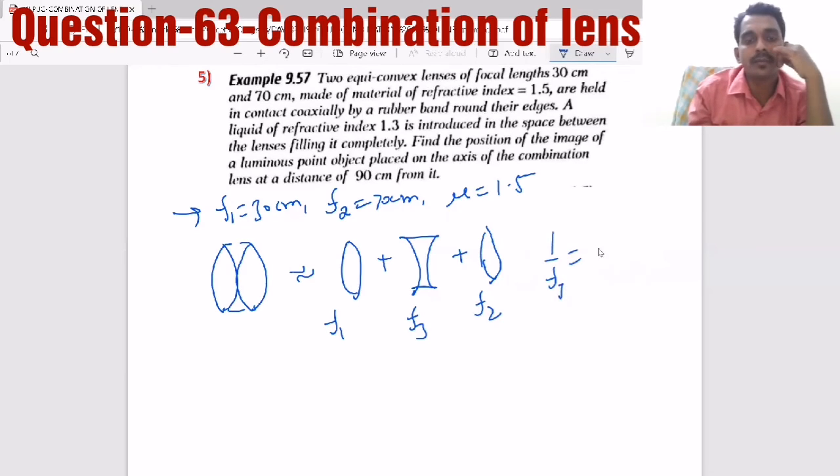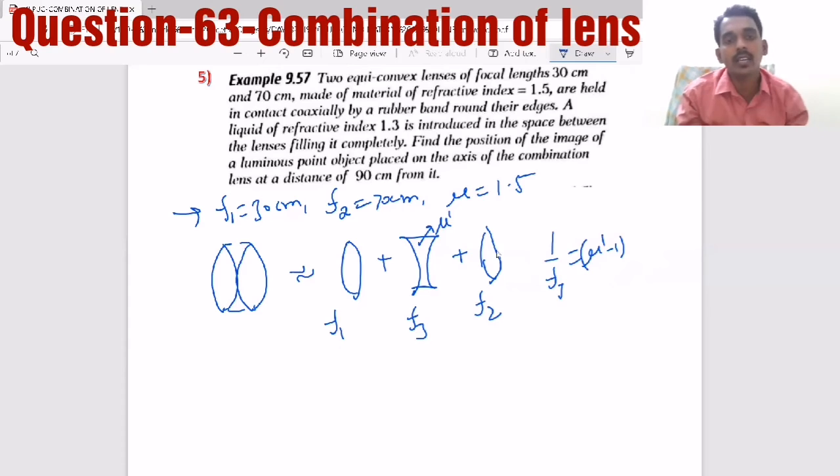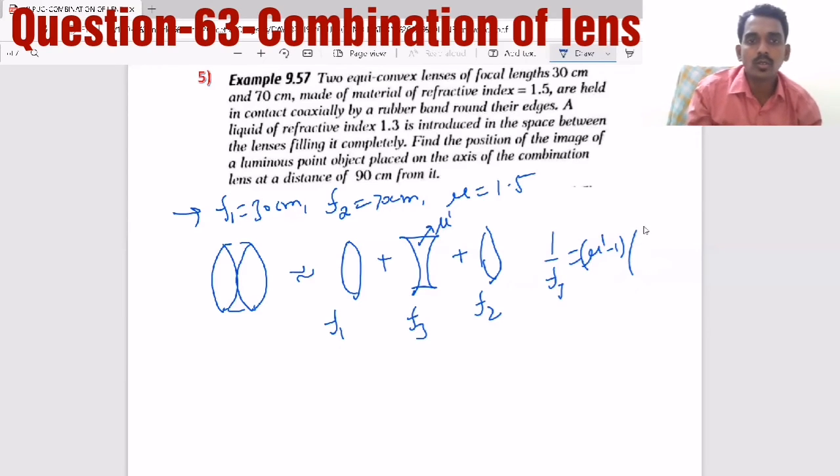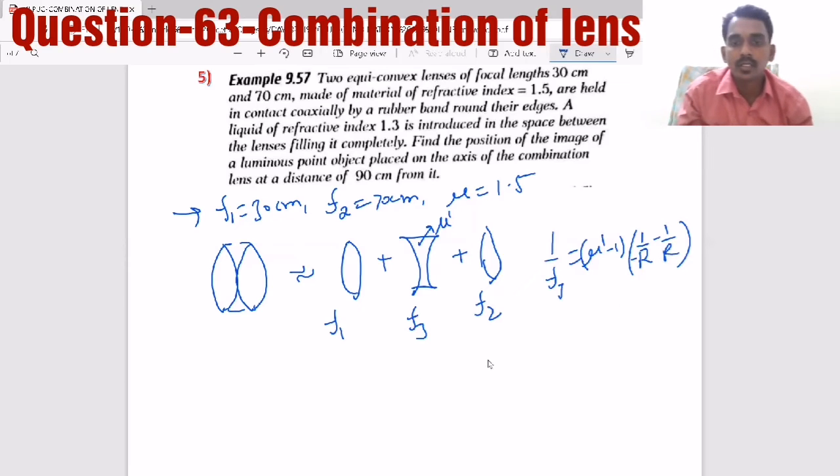Now 1 by f3 will become (mu minus 1). Here the liquid's refractive index is something, mu dash, so consider mu dash minus 1. It is like a concave lens made of material 1.3, into 1 by minus r minus 1 by r because it is a concave lens.